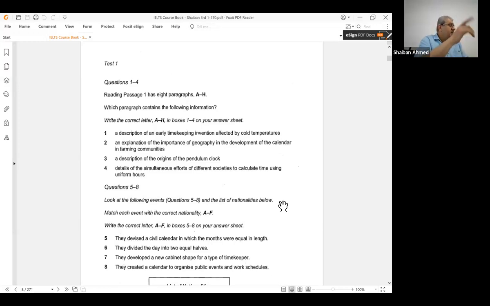Describe is development, because this is description. Okay, so an early timekeeping. So here you have to use the headings to talk about the first type or this first kind of timekeeping.